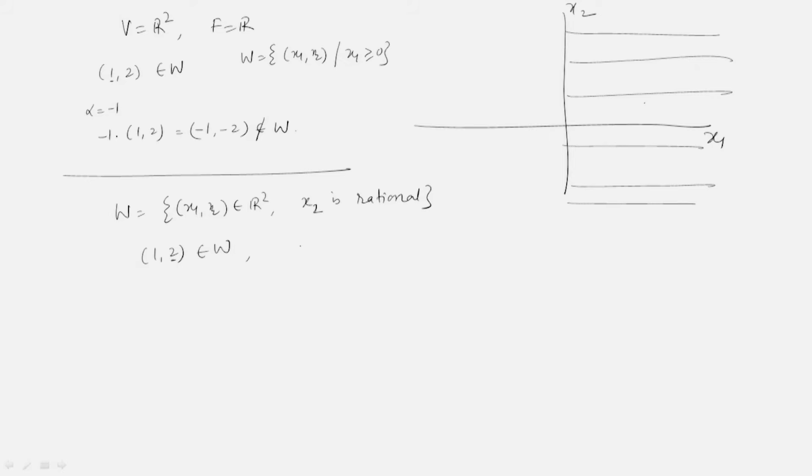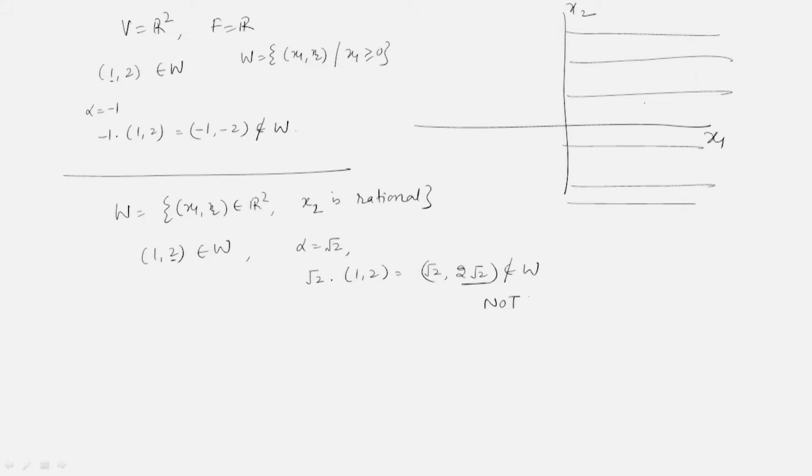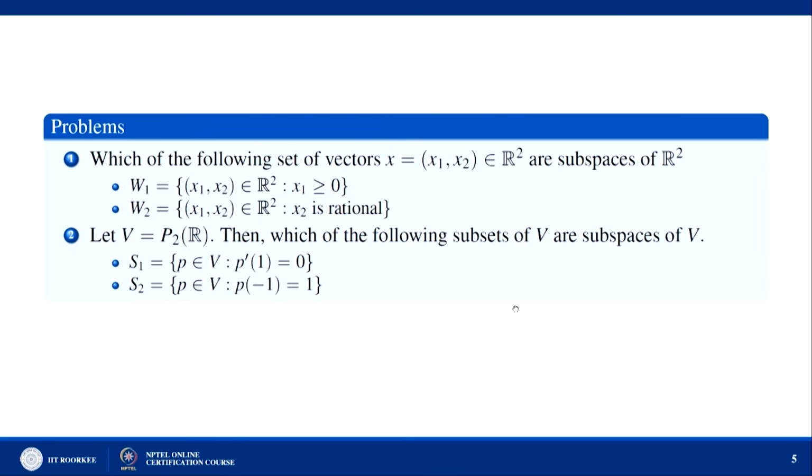Now, if you take alpha as root 2, then root 2 dot (1, 2) is simply (root 2, root 2), which is not in W, because now x2 is not rational. So it is not closed with respect to scalar multiplication. So that means it is not a subspace of this vector space. Is it clear?